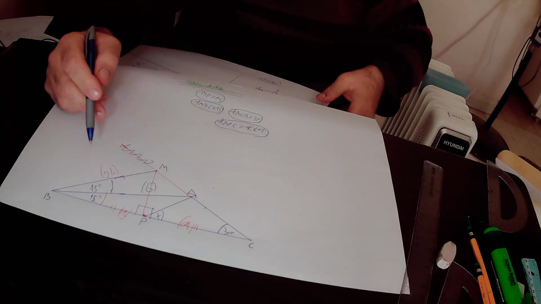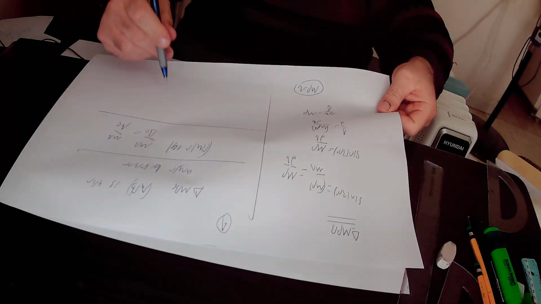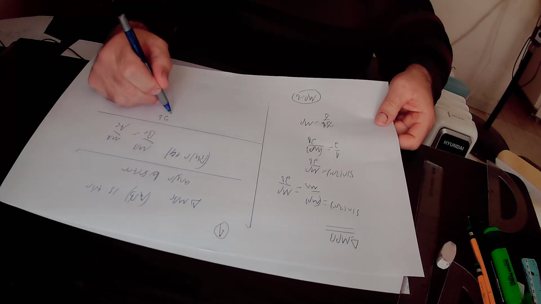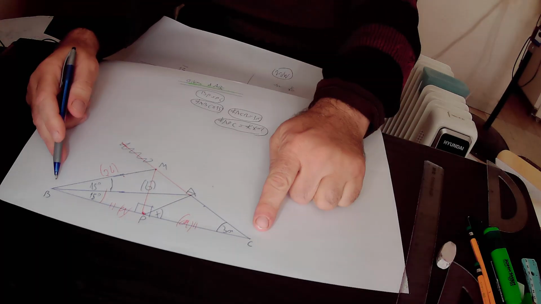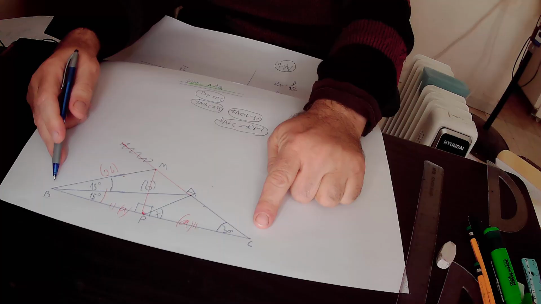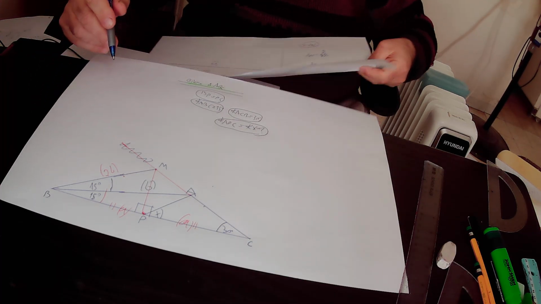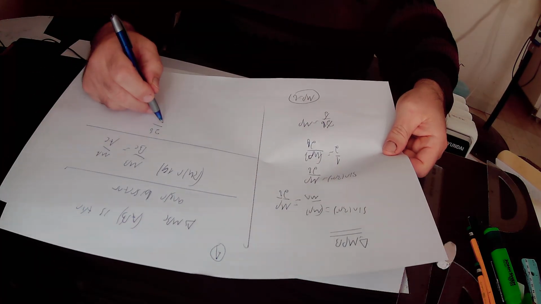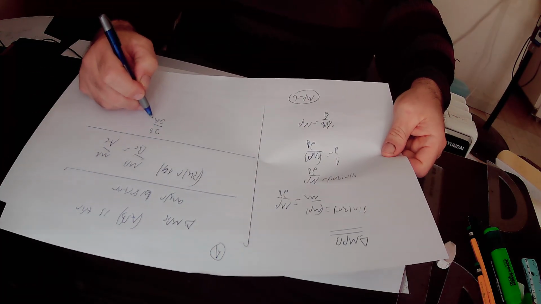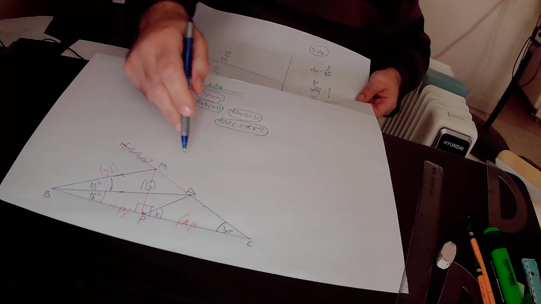MB equals 2B over BC. BC equals in total A plus A, that is 2A. And it equals MA over AC.